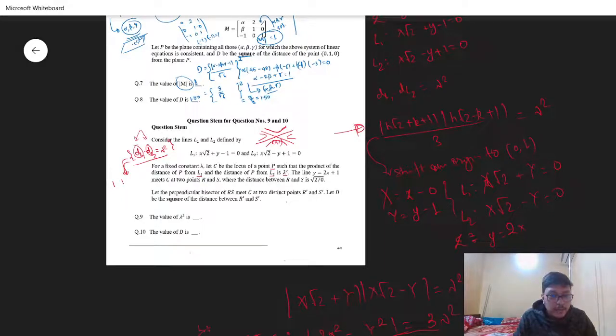Now the perpendicular bisector of RS meets C at two distinct points R dash and S dash. Let D be the square of the distance between R dash and S dash.